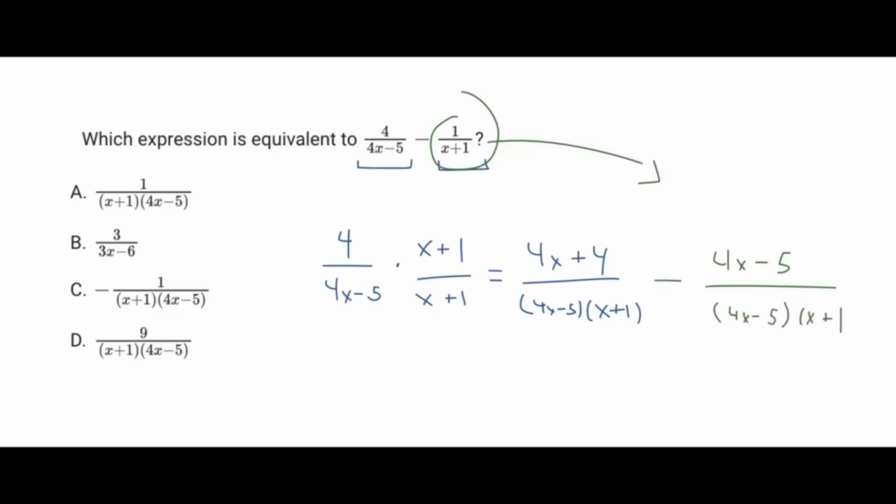And so now we can also just look at this entire thing over each other, right? So we have 4x plus 4 minus 4x minus 5, but they have the same denominator. So in reality, this can just be rewritten as 4x plus 4 minus 4x minus 5, all over this denominator.